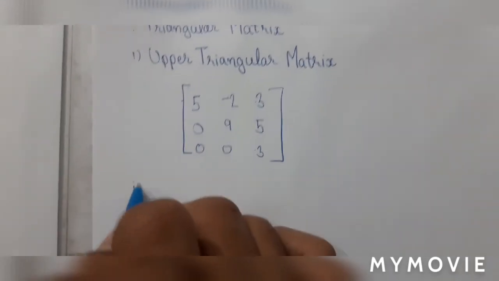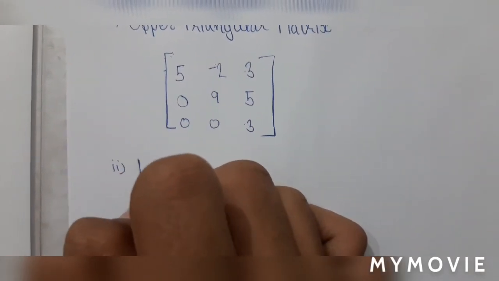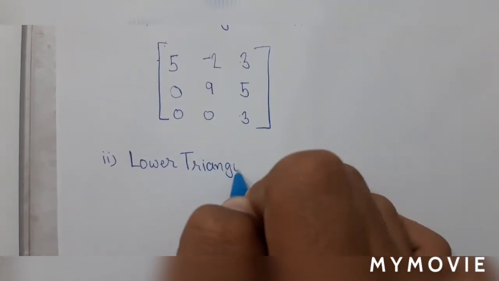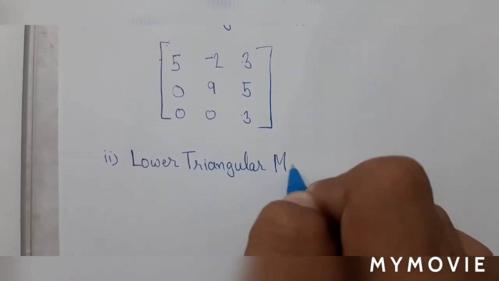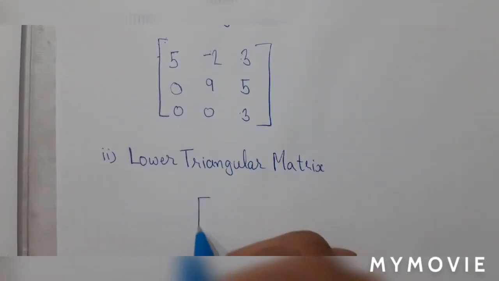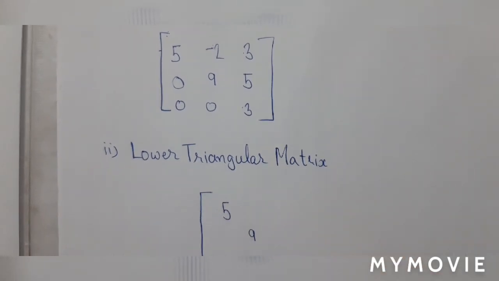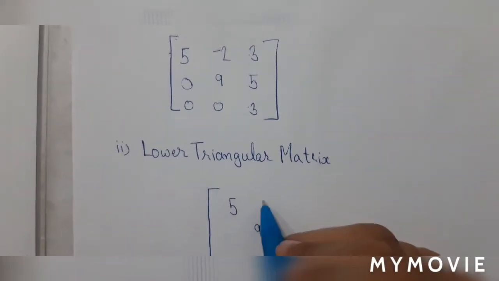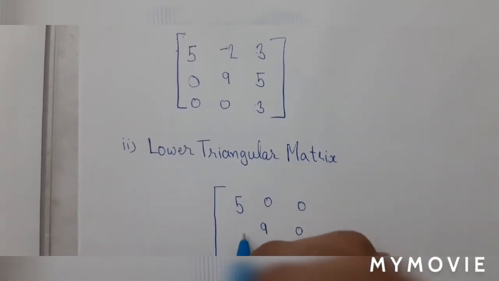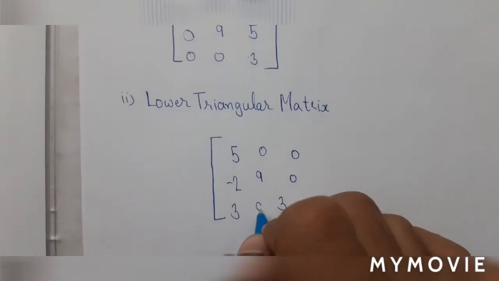The second type is the lower triangular matrix. It is the opposite of the upper triangular matrix. In this, the elements above the diagonal should be 0, like this, and below you can write any element like -2, 3, 9.